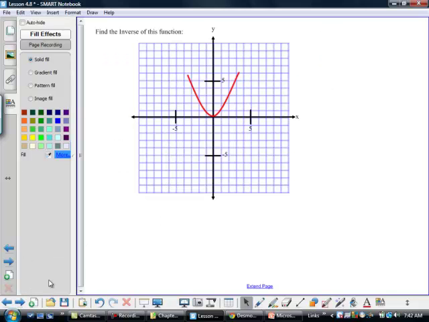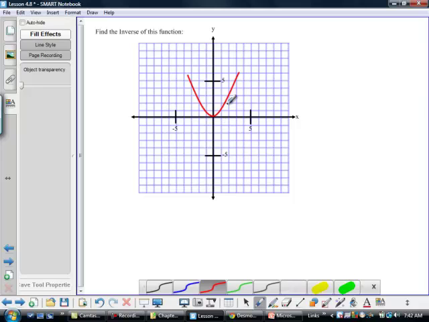And a quick review also, if I wanted to take the inverse of this function, this is a parabola, and I know I should have arrows on the end, but do the best I can with my limited artistic skills. Okay, I don't have anything equation-wise, but I do have points that I can take.